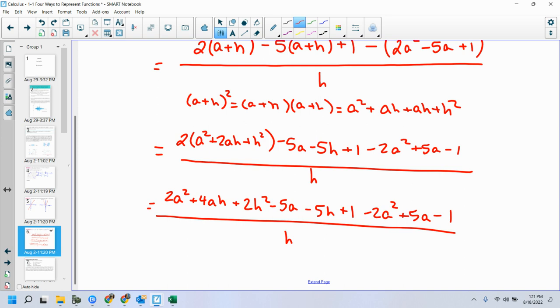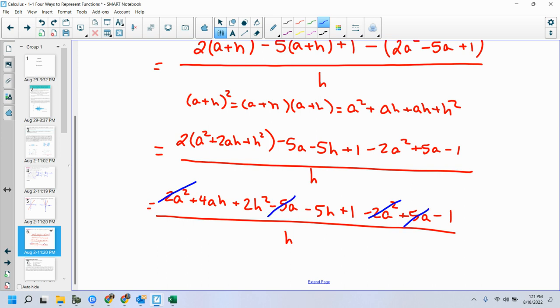I see some things here. I see a positive 2a squared and a negative 2a squared. So long, farewell. Can I do anything with the 4ah? Nah. What about the 2h squared? Nah. Ooh, negative 5a, positive 5a. Negative 5h?